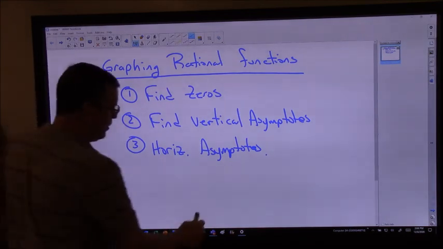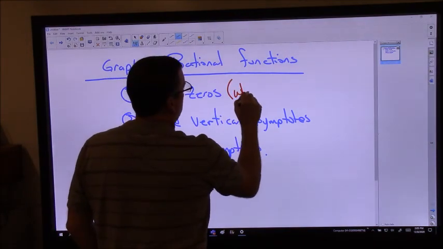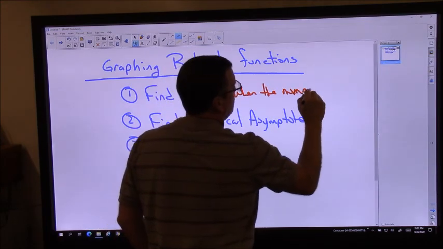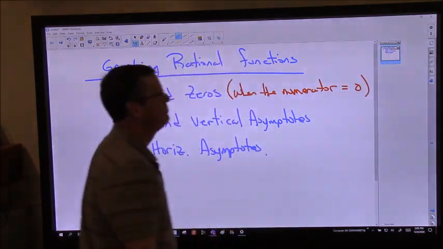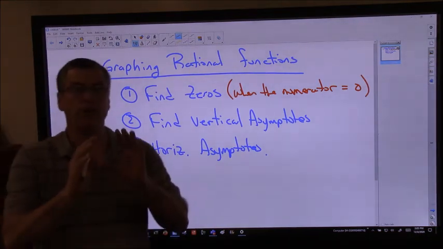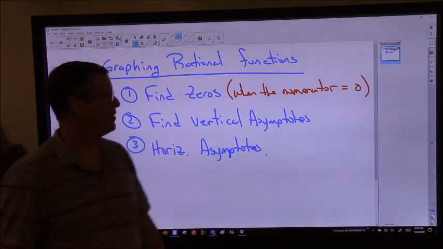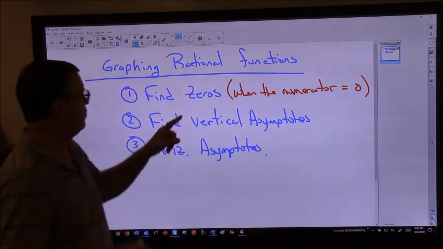So first of all, we know how to find zeros. This is when the numerator equals 0. Okay? Remember, you do not want denominators to equal 0. I'm never going to change that rule. Wherever the numerator equals 0, those are our zeros for the function.